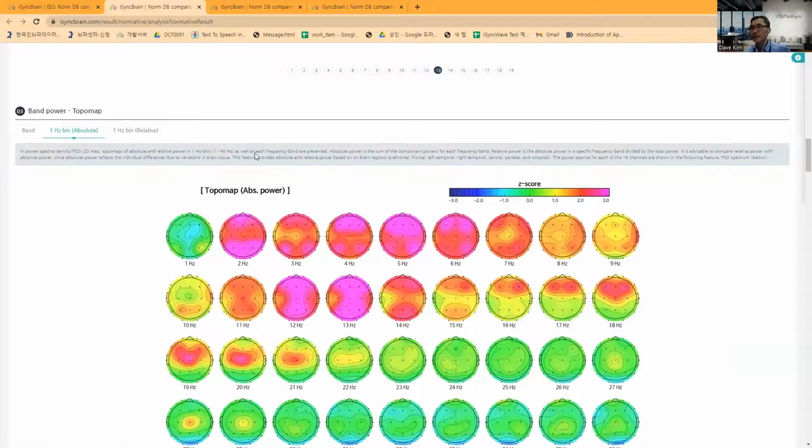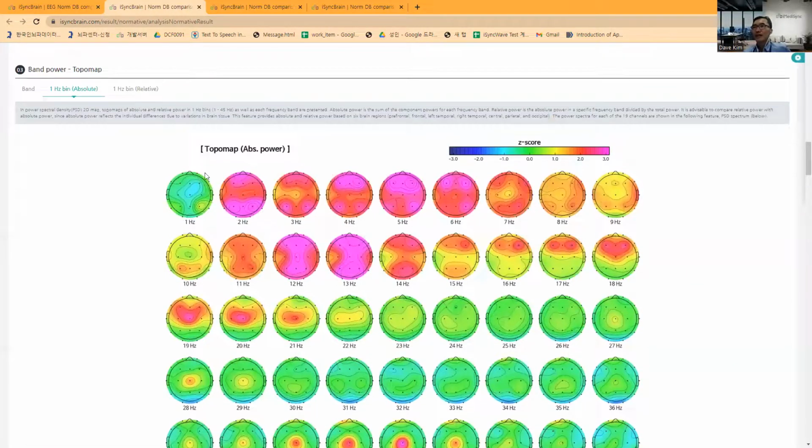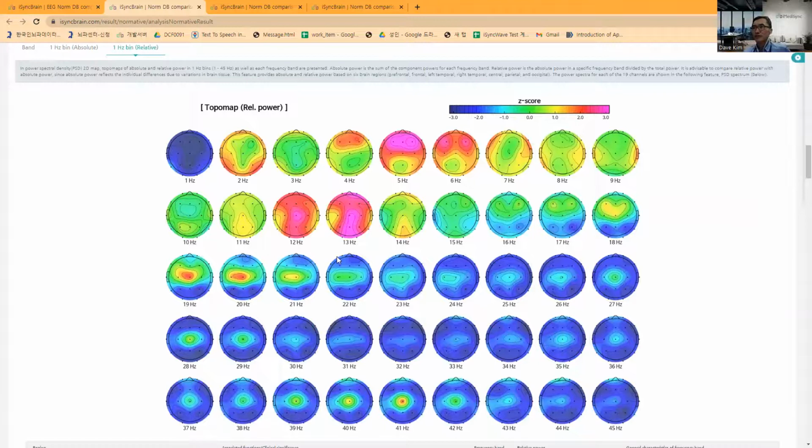Very slow activity is excessive, and alpha activity over 12 hertz is excessive too. And in the relative power, there is a frontal theta activity excess, and the posterior alpha activity is excessive too.